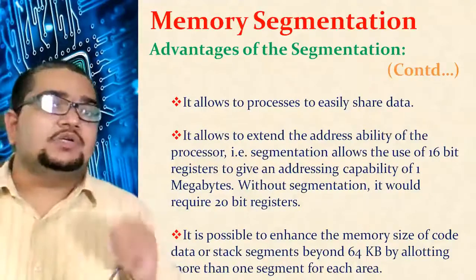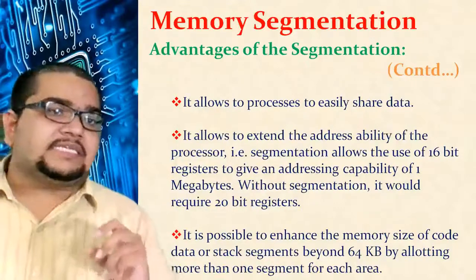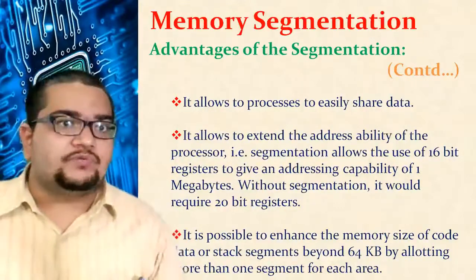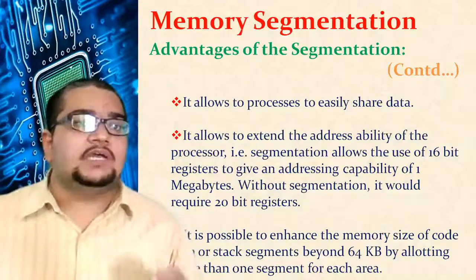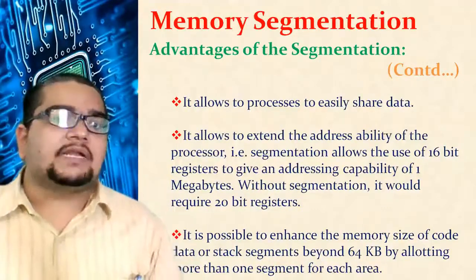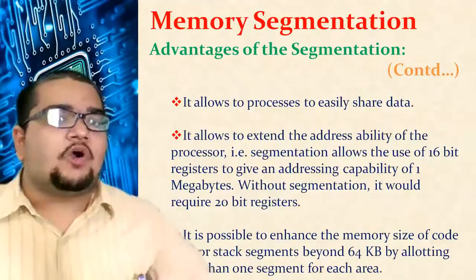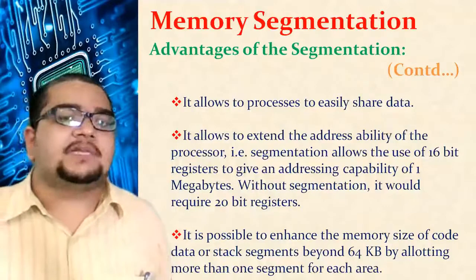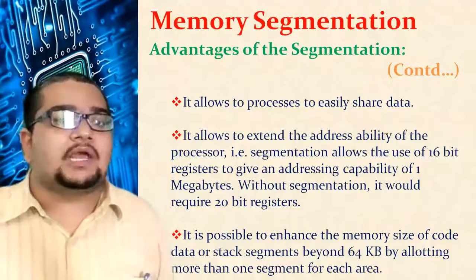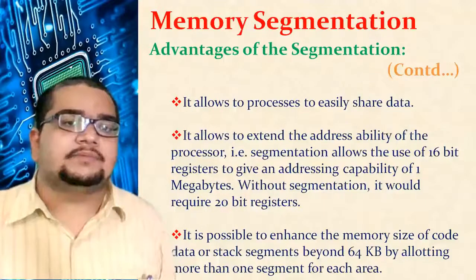Instead, we make use of two different 16-bit registers, which are further used to calculate the physical 20-bit address. So it is possible to enhance the memory size of the code, data or stack segments beyond 64 KB by allocating separate locations to them.